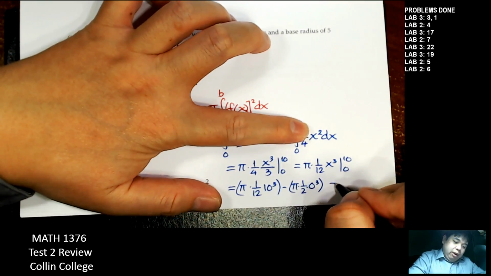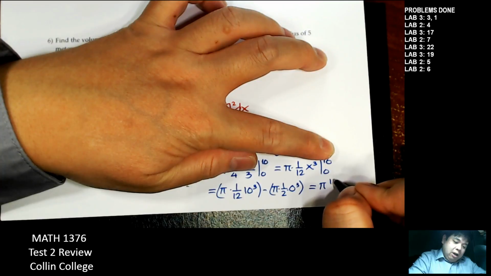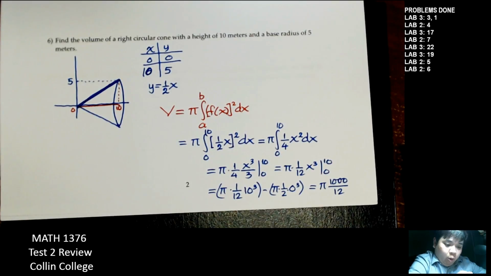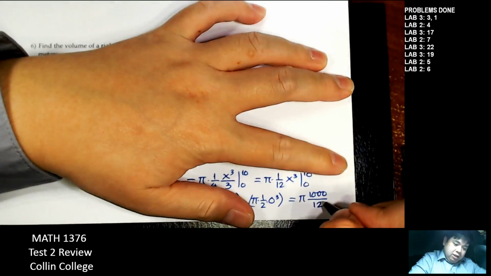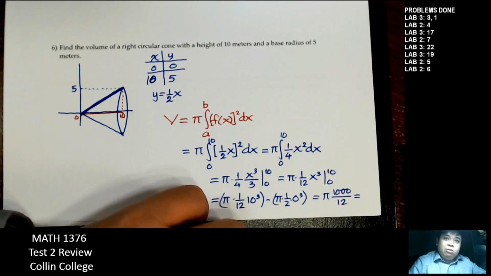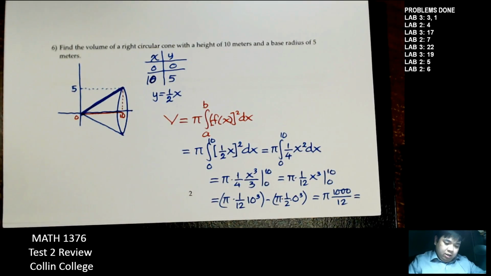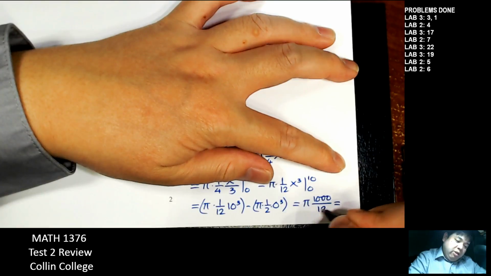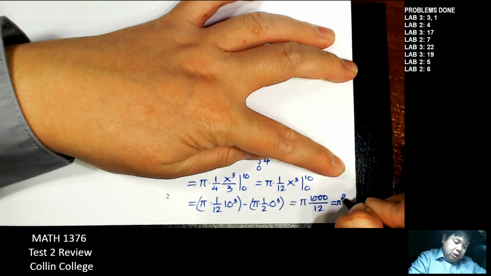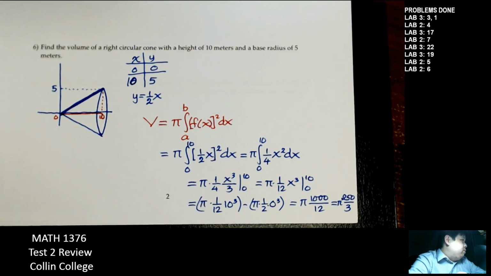So we have pi 1000 divided by 12, and we can divide 4 from it. So divide by 4 top and bottom, we have 250 over 3 pi.